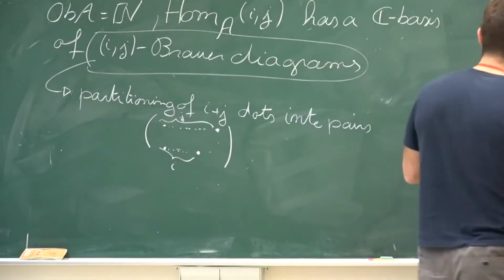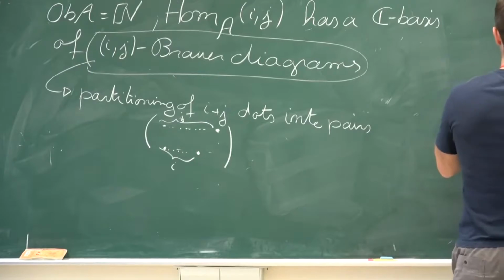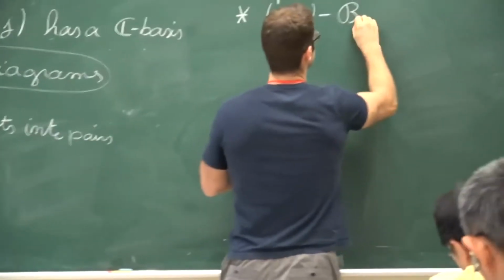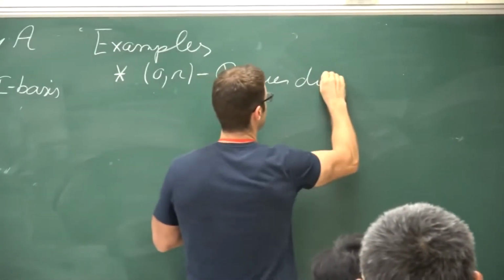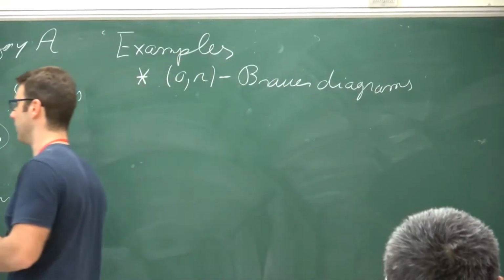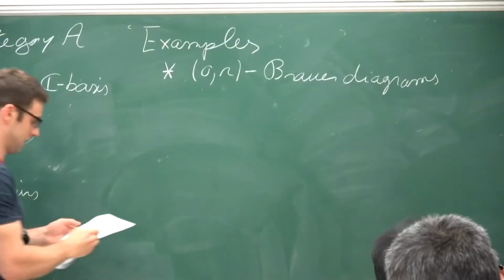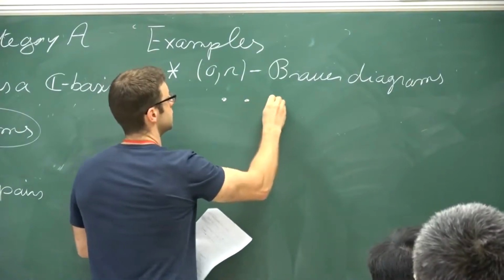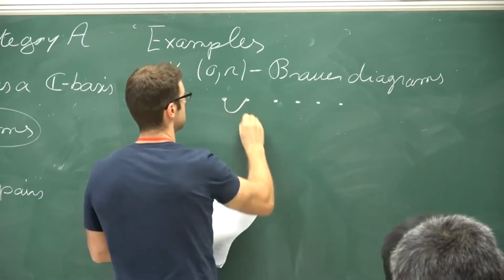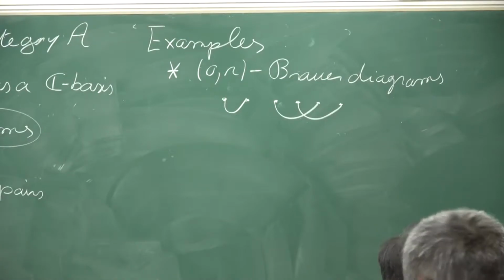So some examples of Brauer diagrams. The 0,r Brauer diagrams consist of just one line of dots, because then the second line, i, would be 0. So we just have a line of dots and some pairing them up, for instance like this. This is a 0,6 Brauer diagram.